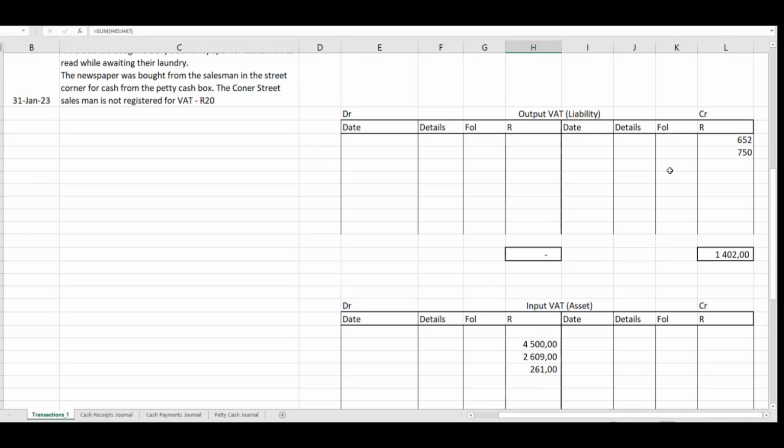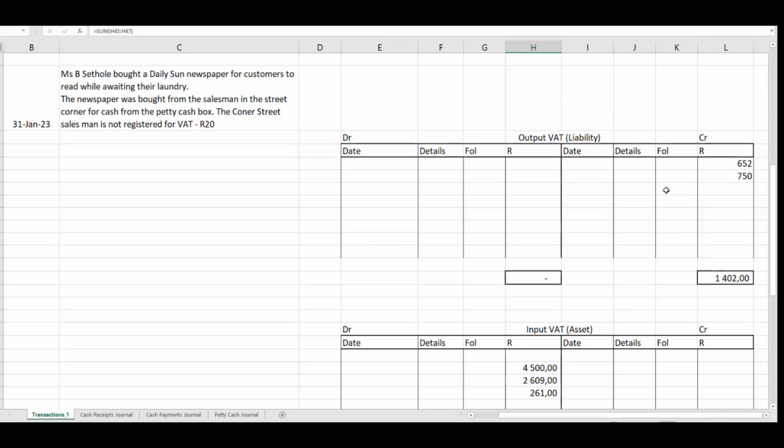So accounting wise, we're going to do it now. Remember how to close the accounts. You look at the debit side and the credit side and see which side is bigger than the other. Here, the credit side is bigger than the debit side. So meaning our total is going to be 1,400. And here, this side, 0 minus 1,400, it's 1,400. This amount goes to the VAT control account.